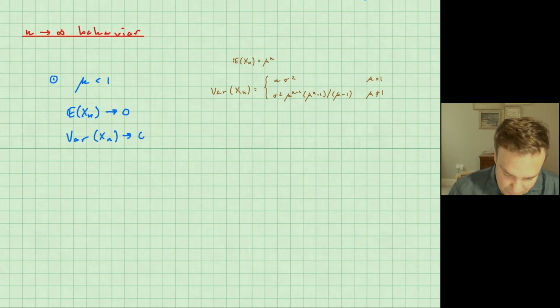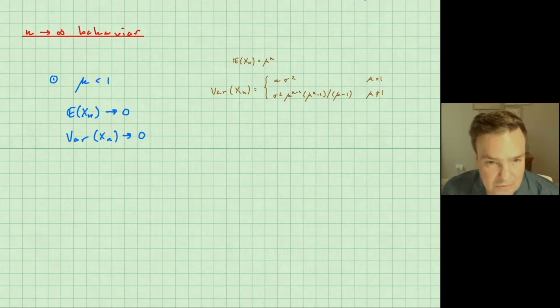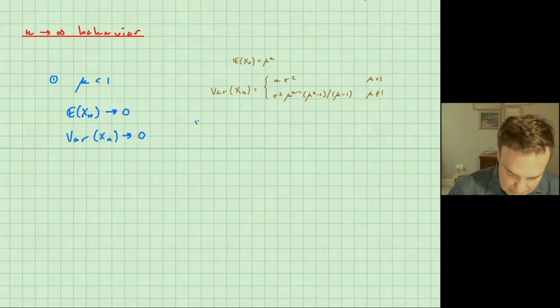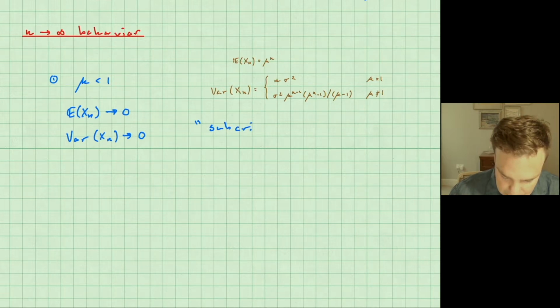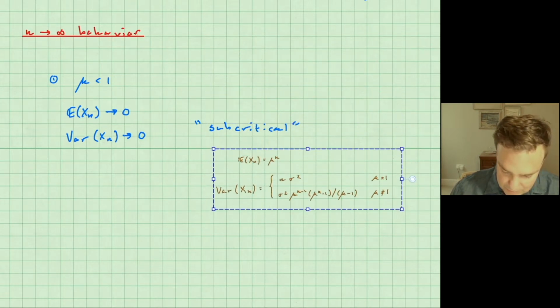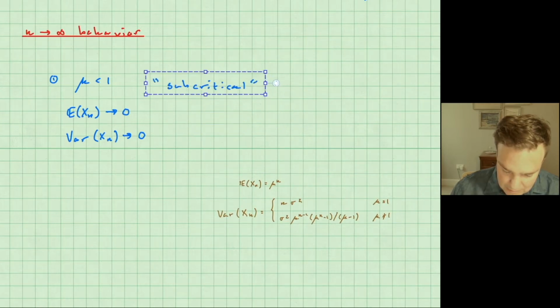And so the variance also goes to 0. So the population is going to go away, and this is called subcritical. This is the case of mu less than 1. So let's move this down. We'll leave this label up there.